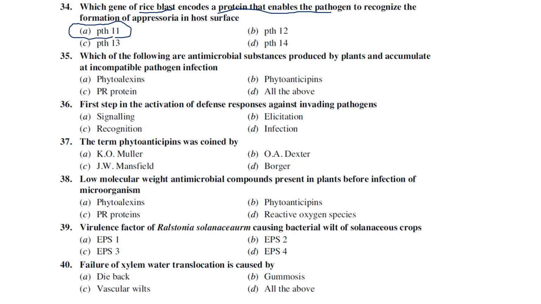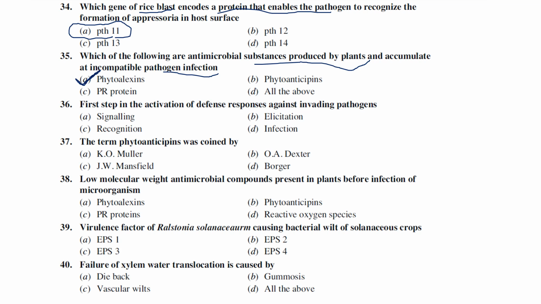So which of the following are antimicrobial substances that are produced by the plant and accumulate at incompatible pathogen interaction? In the previous slide I told you: phytoalexins. Phytoalexins are plant protection substances which are produced by the plant after infection.